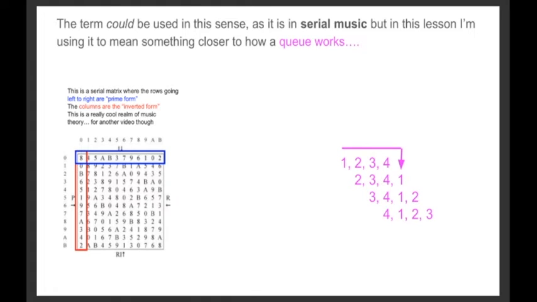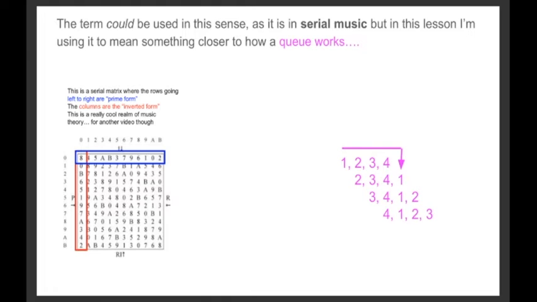And this allows you to then apply the same thing backwards. So if you start down there at the 2 and you go upward, then that's reverse inversion, or retrograde inversion. So, in serial music, they're talking about prime, inversion, retrograde inversion, etc.